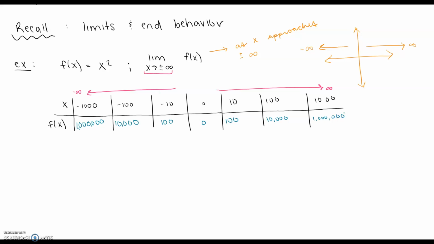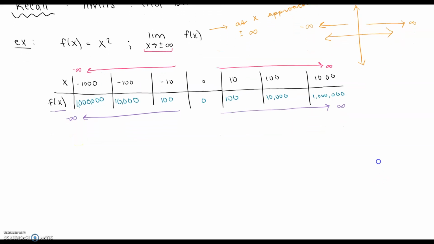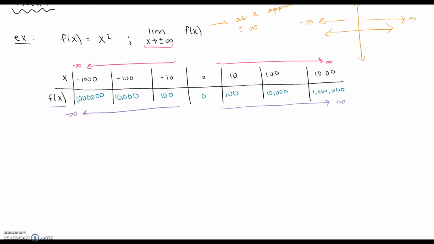Now we look and we go, okay, well, what is this telling us? This is telling us as x values are going towards positive infinity and negative infinity, our y values, f of x, are just getting huge, so positive infinity. And now we just need to make our conclusion statement. So our conclusion statement is the limit as x approaches positive and negative infinity.